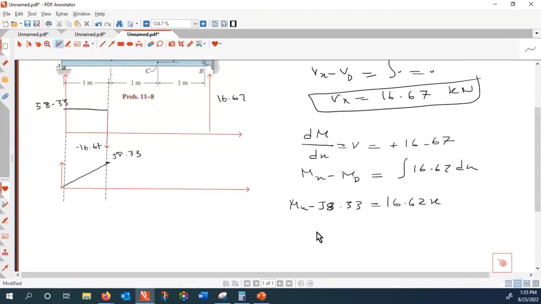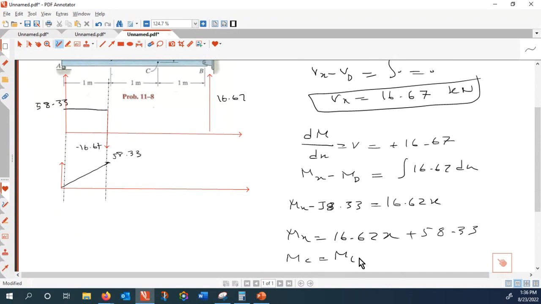So therefore M of x is 16.67x plus 5833. And if I plug x equal to 0, that gives me this number. And if I plug x equal to 1, that gives me M of c.